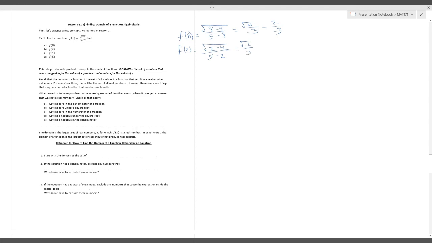Well, that creates a problem because we can't take the square root of negative 2. So we've noticed that 2 is not possible.